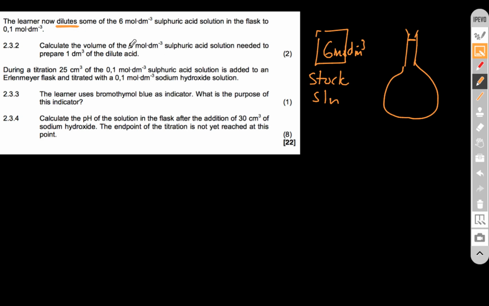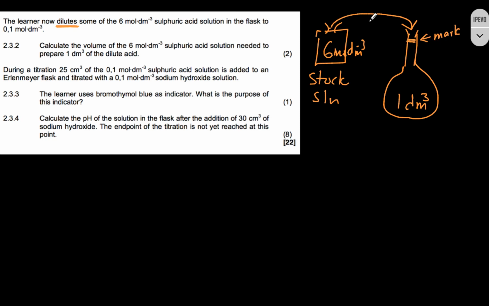So in this case, our volume of the volumetric flask is supposed to be 1 dm cubed. We are going to take a certain volume and add it in the volumetric flask, and then dilute with water up to the mark.